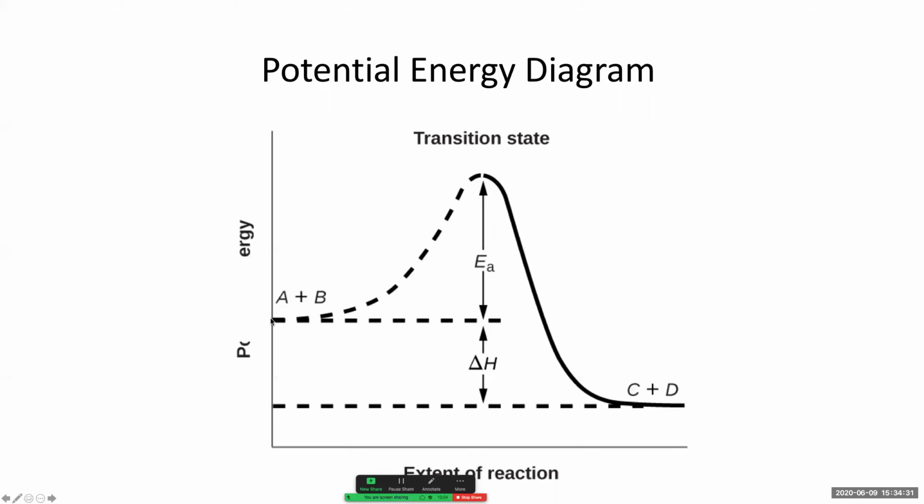In this case, the potential energy of the reactants is higher than the potential energy of the products, so we have an exothermic reaction. That means energy is given off when the reactants change into the products.